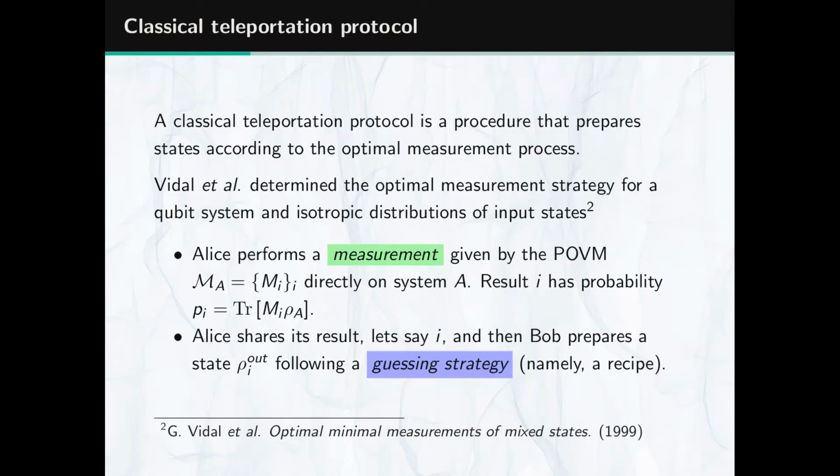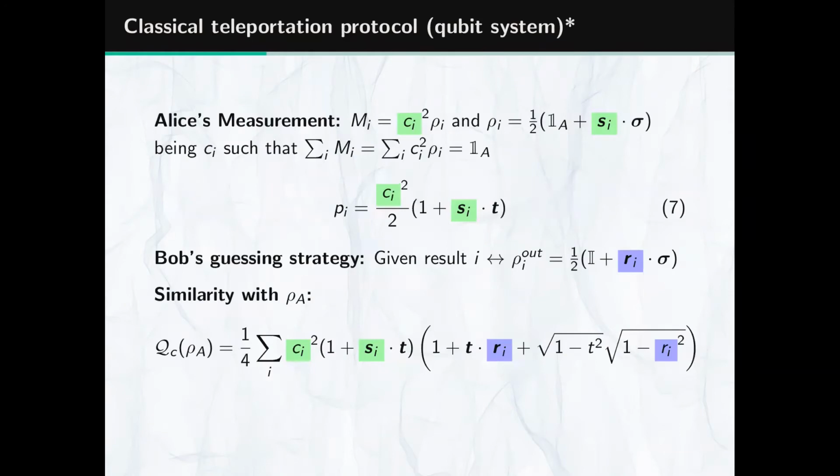If we want the optimal operation here, first let's see how we can quantify things. Alice's measurement is given by these numbers. Here we have the measurement operators, and this is a complex number. And here we have a state given by these Bloch vectors. Then the measurement is defined by these numbers and these vectors, and here is the probability.